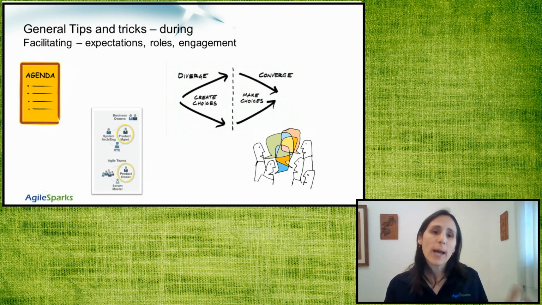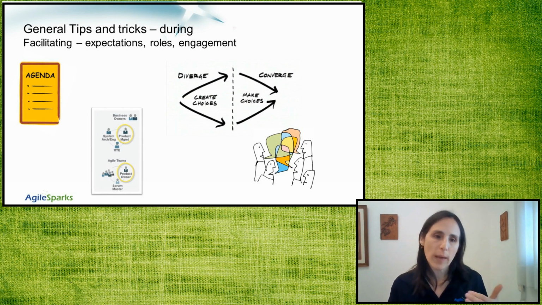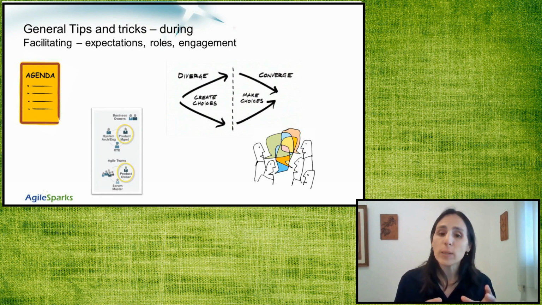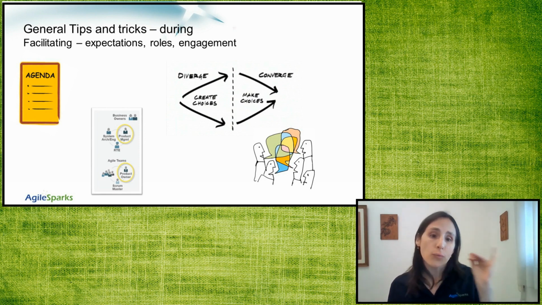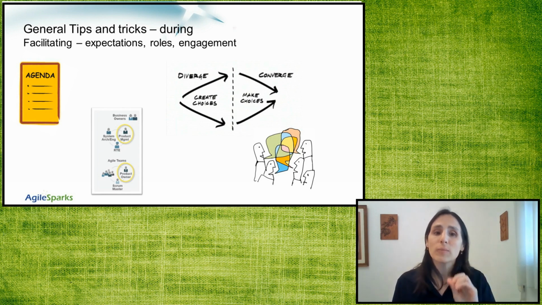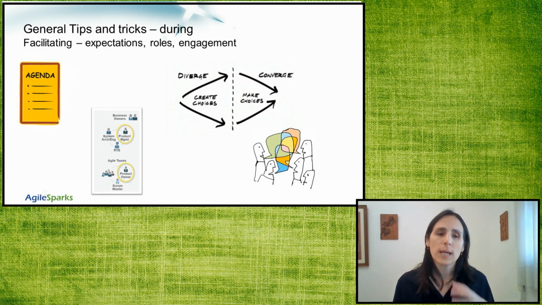So a few things to keep in mind during the actual story mapping. You want to start out with really clarifying what it is that we're going to do and how the story mapping is going to work. If you have people who have not been involved in story mapping before, you'll probably want to go through a few slides just explaining what it is that we're doing, why we're doing it, of course, so that they understand what they're in for.